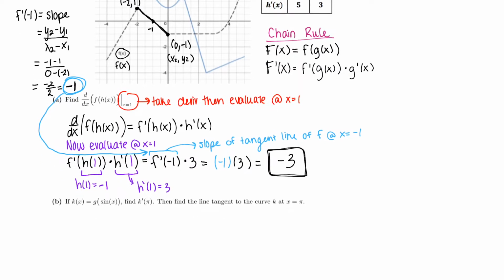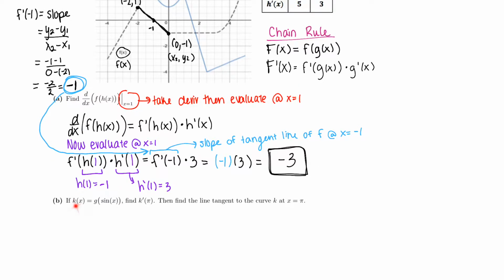For this next one, it says we have a function k, and it's equal to g of sine x on the inside. So this is like this composition here, except in this case, instead of f, we have g, and instead of g, we have sine x.